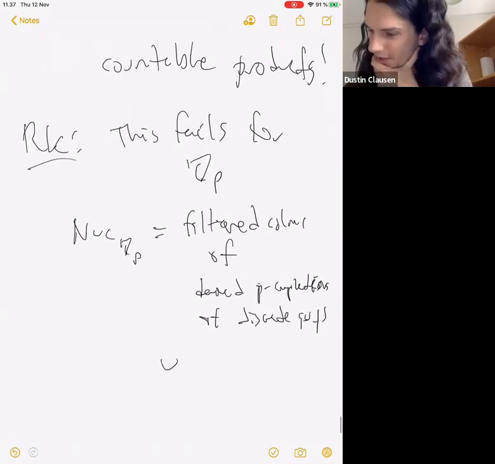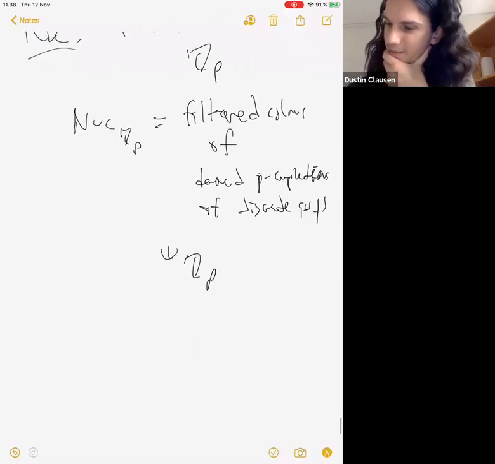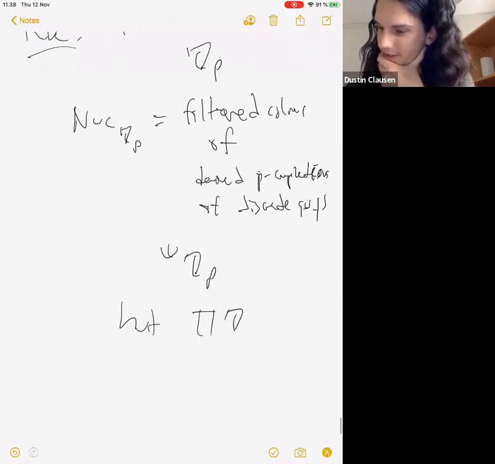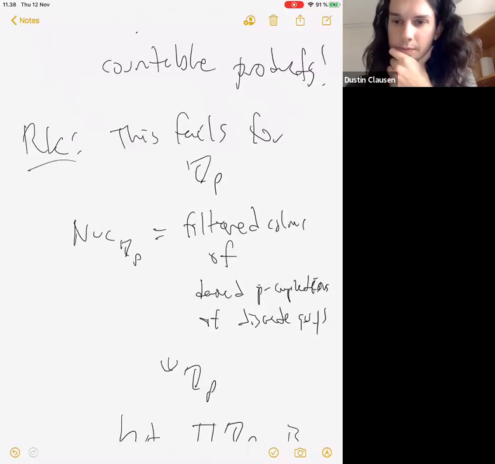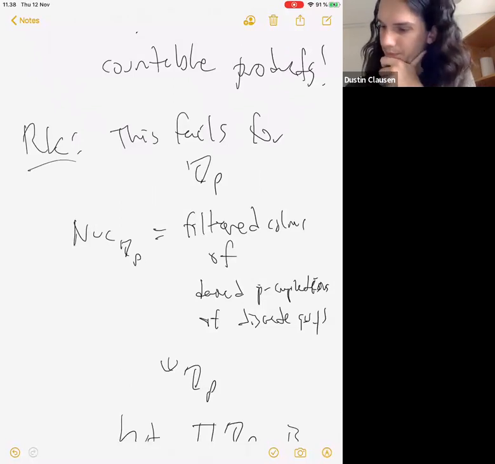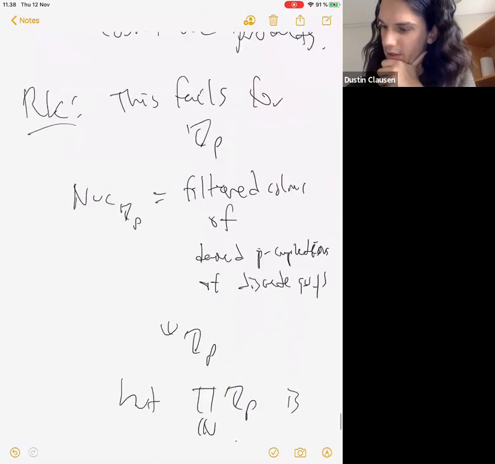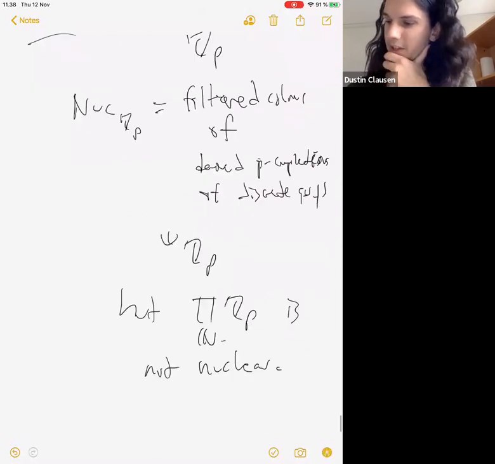Well, in particular, in here you have Z_p, but a countable product of copies of Z_p is not nuclear. I think that it turns out to be the solidification. Right. So in fact, this is one of these compact projective objects.